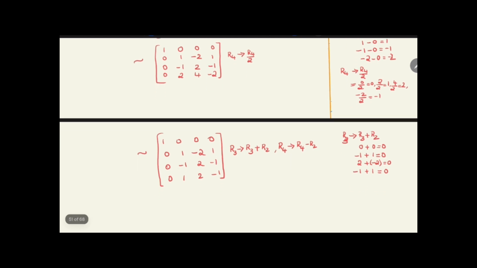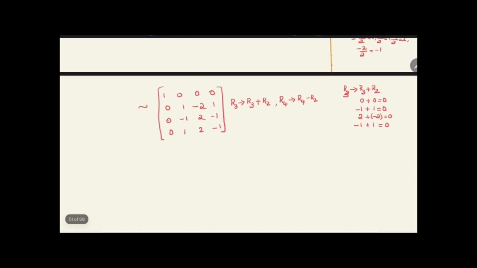Next, R4 implies R4 minus R2. That is, what is the first element of R4? 0 minus 0, which is nothing but 0.